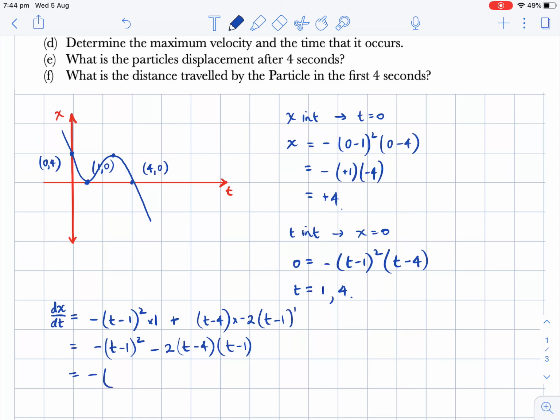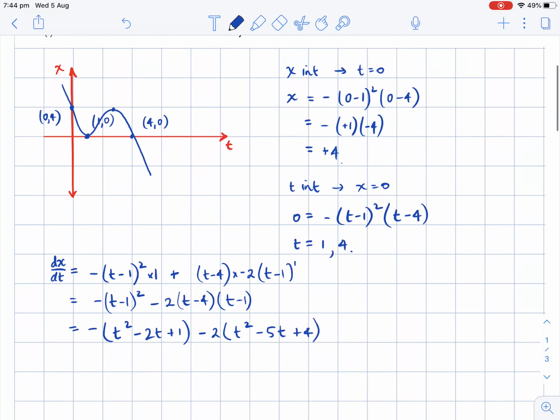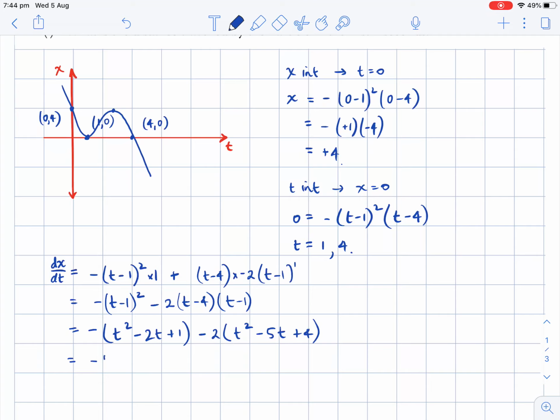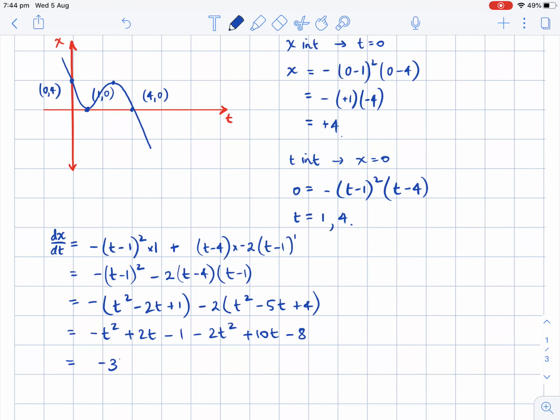So that'll give me negative (t squared minus 2t plus 1) minus 2 times (t squared minus 5t plus 4), which is negative t squared plus 2t minus 1 minus 2t squared plus 10t minus 8, which is negative 3t squared plus 12t minus 9.